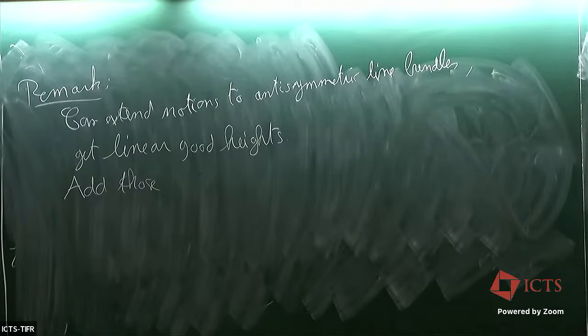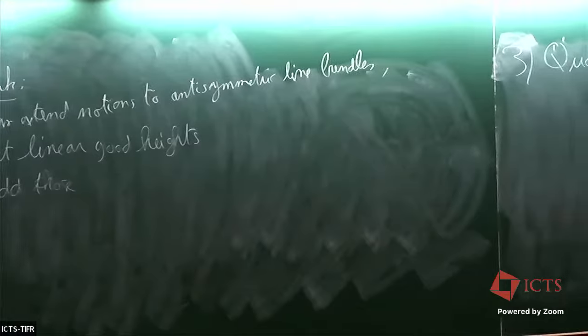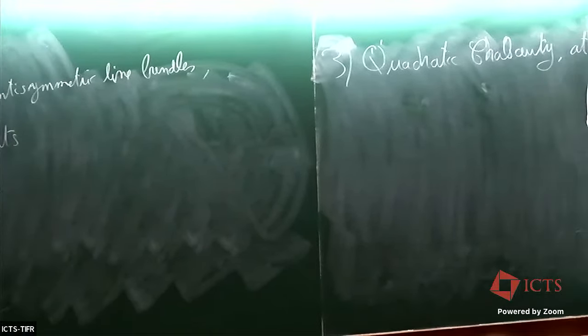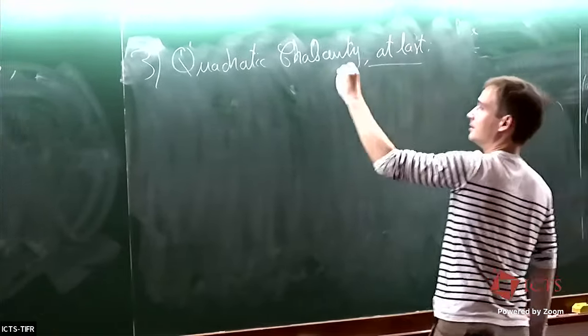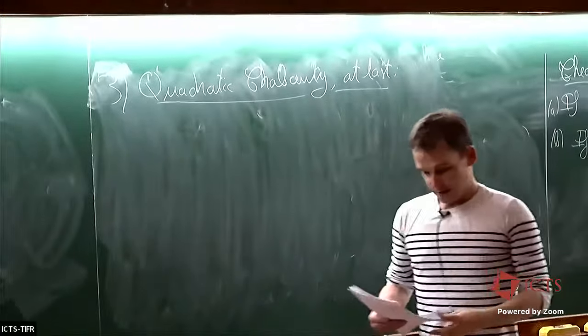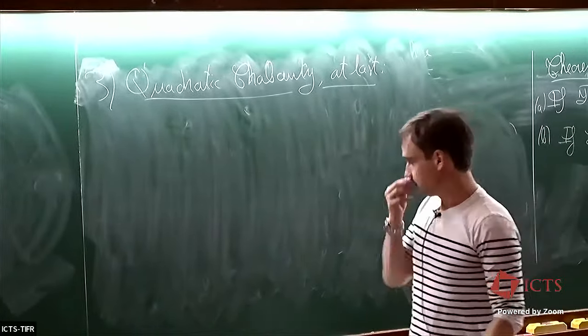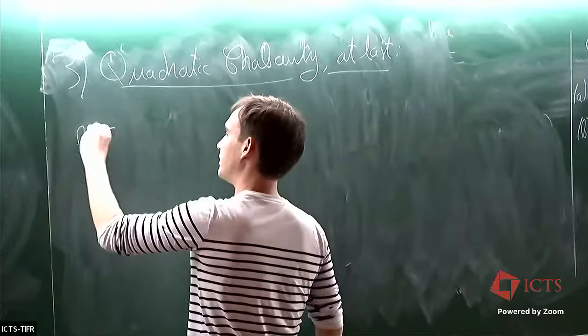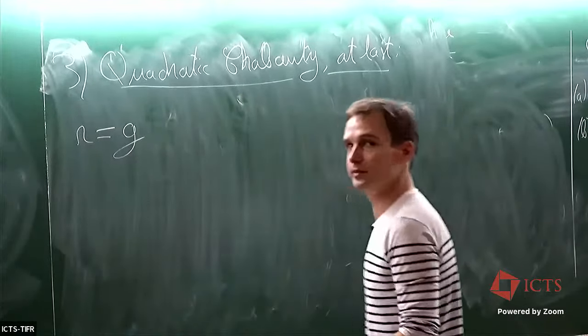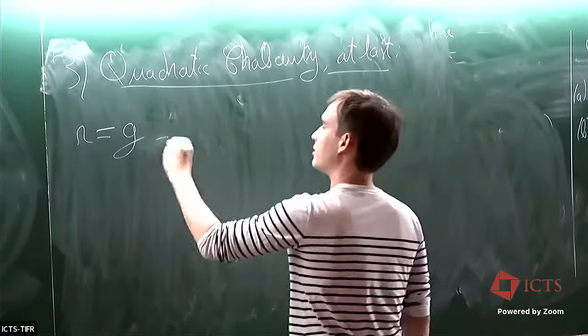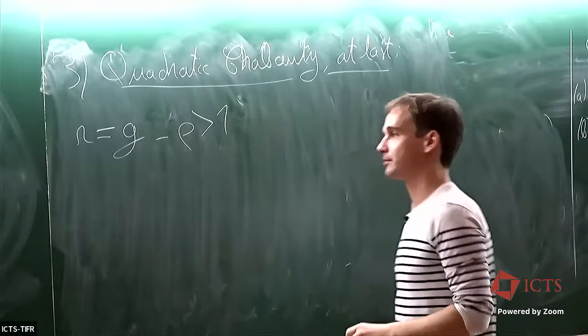So now I start by discussing what are the good line bundles we want for quadratic Chabauty. Okay, maybe let's start with the hypothesis, and I will only explain things for r equals g here, and with rho larger than 1.